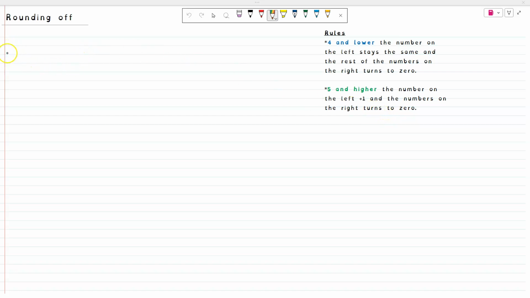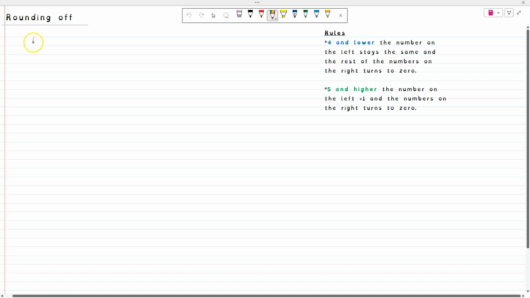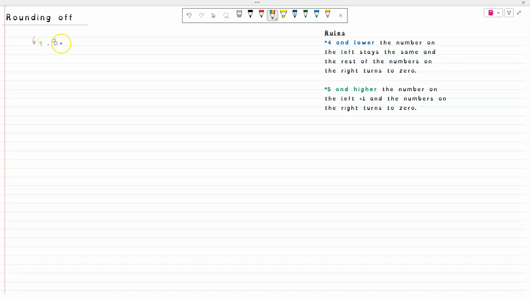We have question number 1, or we have the one number that says 64.839906. And question number 1 says round off to the whole number.